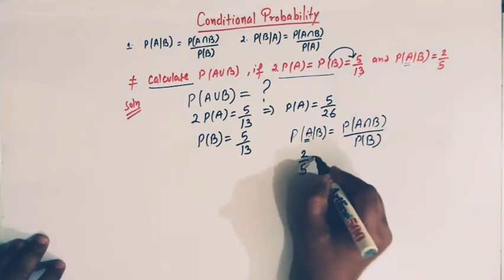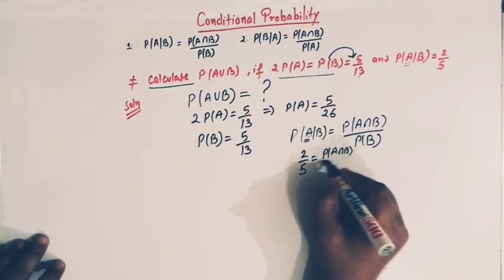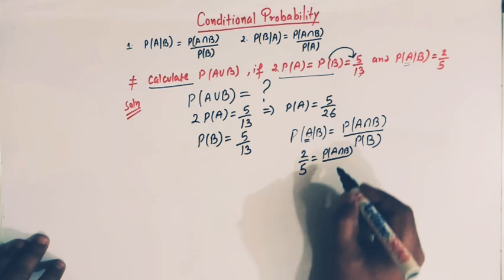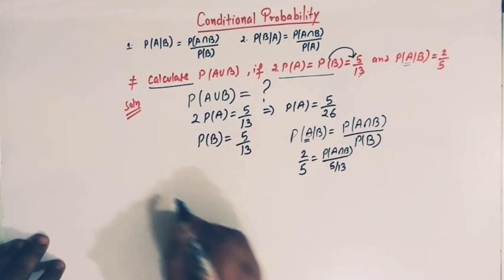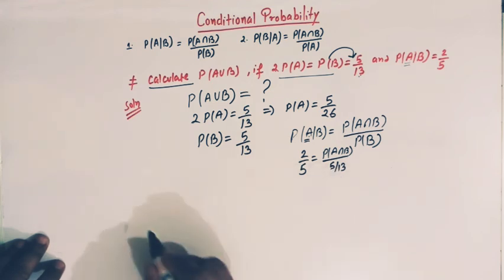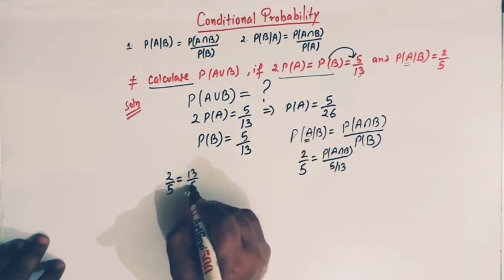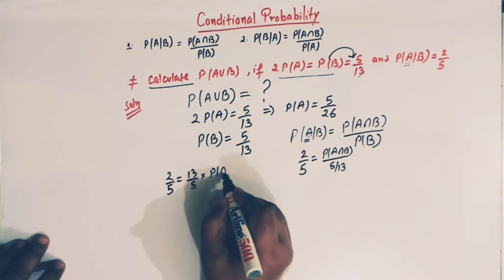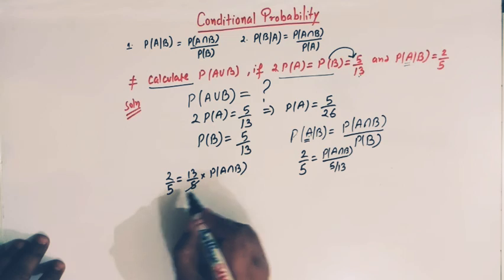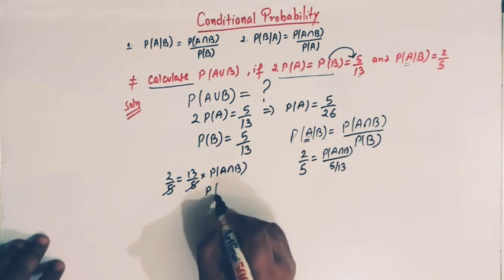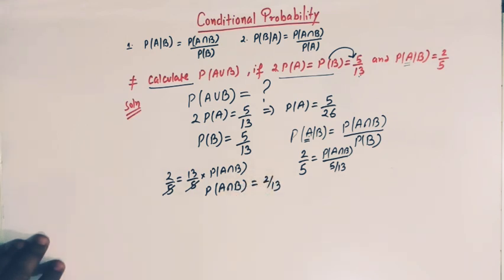So here we have 2 by 5, and here we have P A intersection B, and P B is equal to 5 over 13, right? So now we can write this as 2 by 5 is equal to 13 over 5 times P of A intersection B, right? So 5 and 5 get cancelled, so we have P A intersection B is 2 by 13, right?